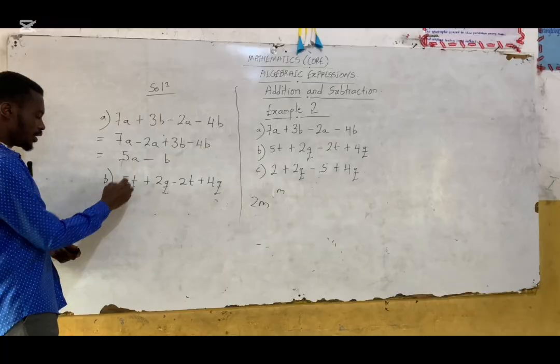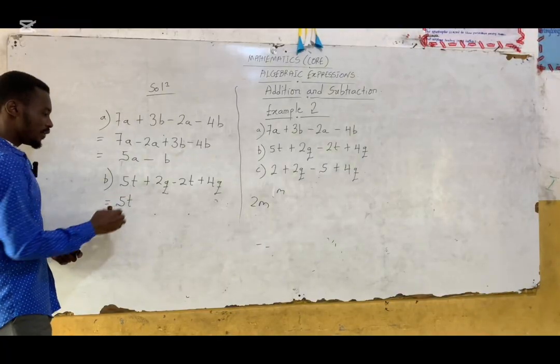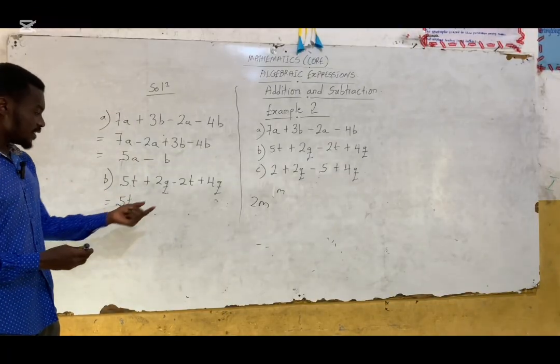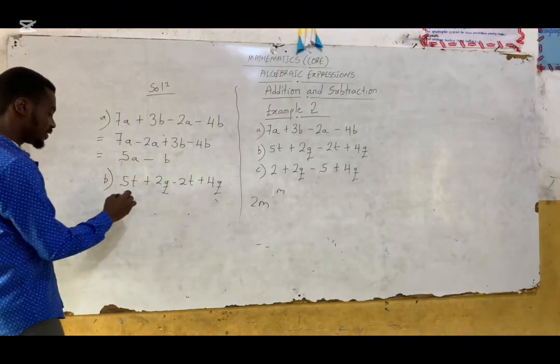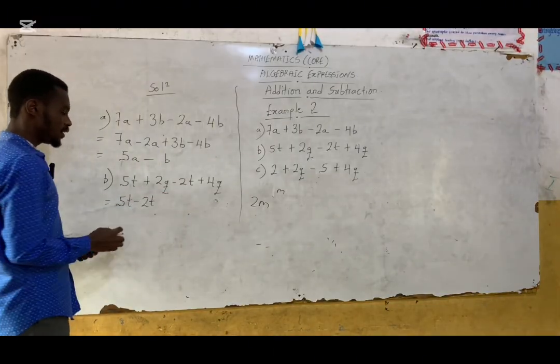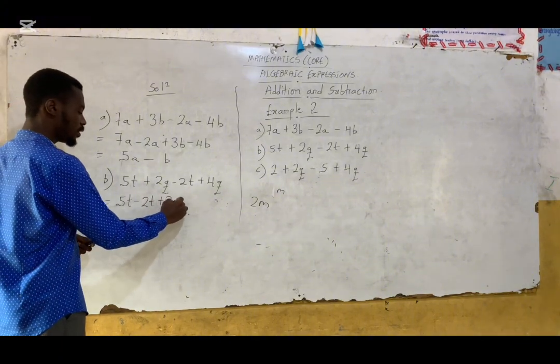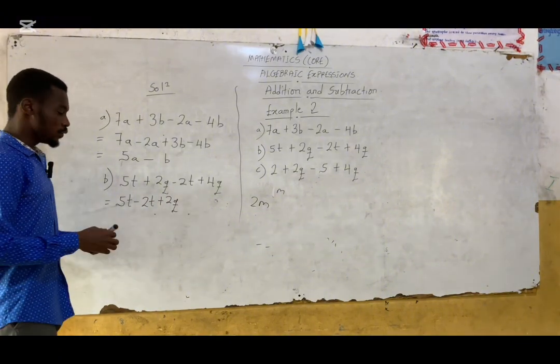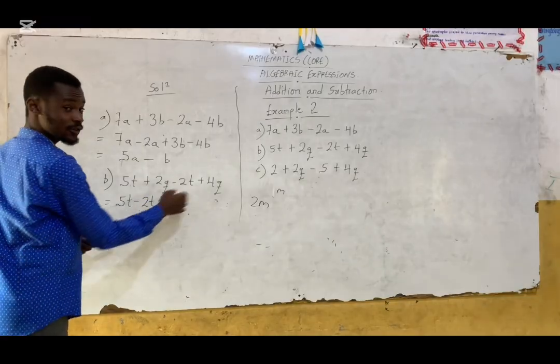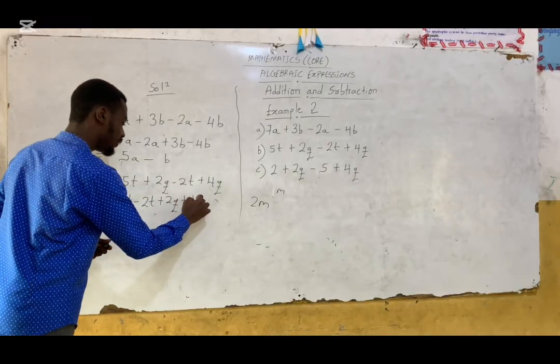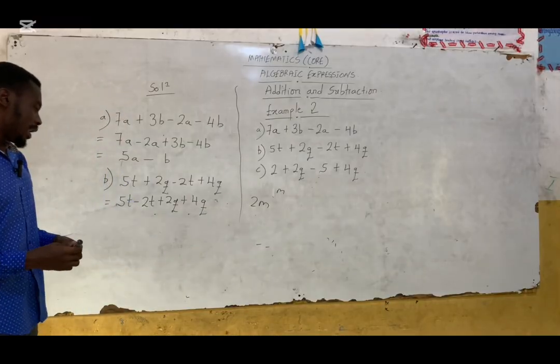Are we okay? As usual, you write the first one, 5t, which is a family member to 5t, negative 2t, right? Negative 2t. The next one is plus 2q, who is a family member to plus 2q, plus 4q. Are we okay? Plus 4q.